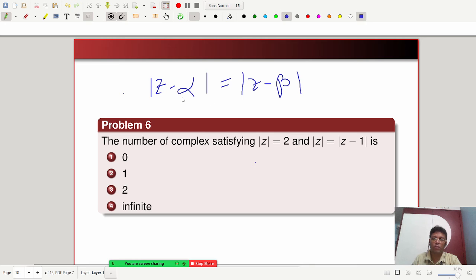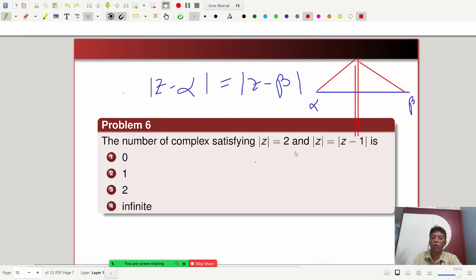Here alpha and beta are complex numbers. So |z - alpha| = |z - beta| represents the perpendicular bisector of the segment joining alpha and beta, where this length is |z - alpha| and this length is |z - beta|. Any point on this perpendicular line is on the locus.